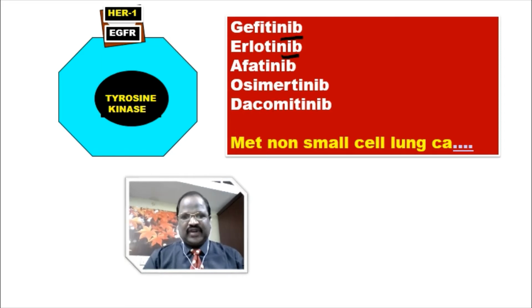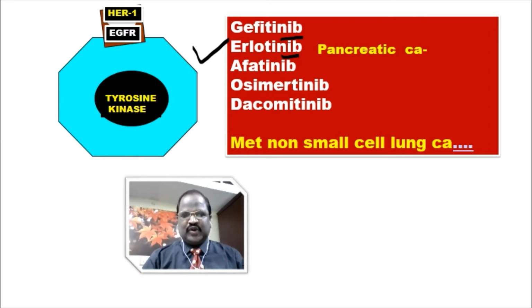In that one very important question, we have one drug called erlotinib. We know erlotinib is useful for non-small cell lung cancer, but you should know erlotinib, in addition to non-small cell lung cancer, is also useful for pancreatic cancer.